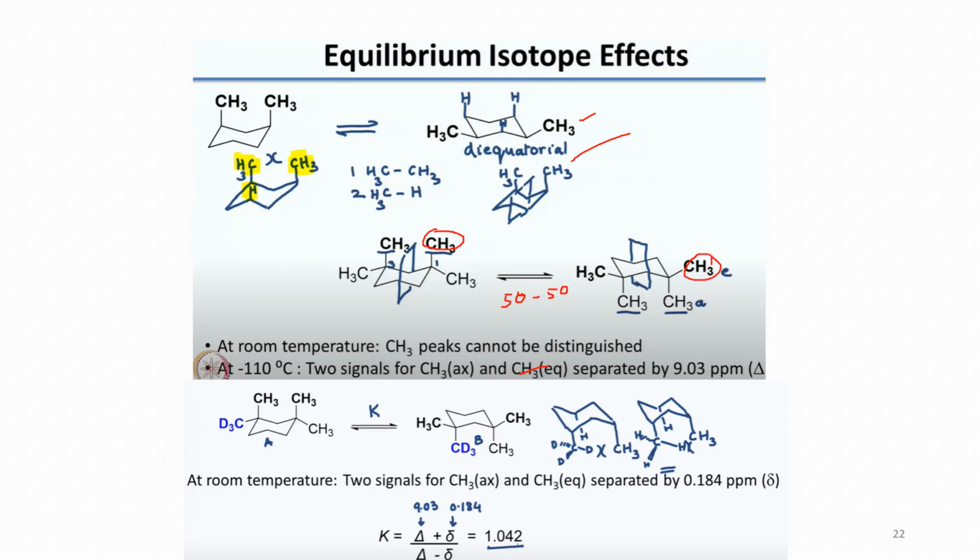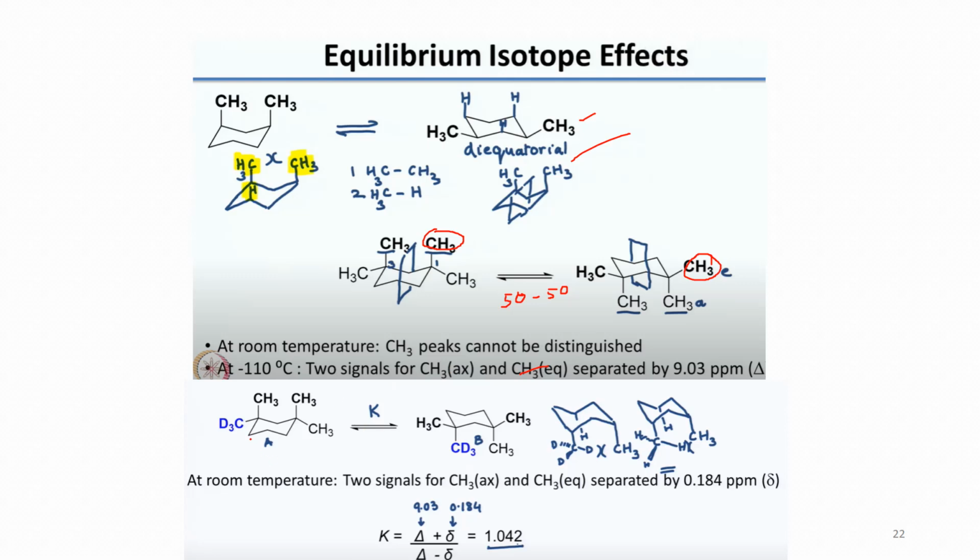Therefore we will get one distinct peak for both the CH3, axial and equatorial. But if we take an NMR at very low temperature, we will get both CH3 at different delta values.